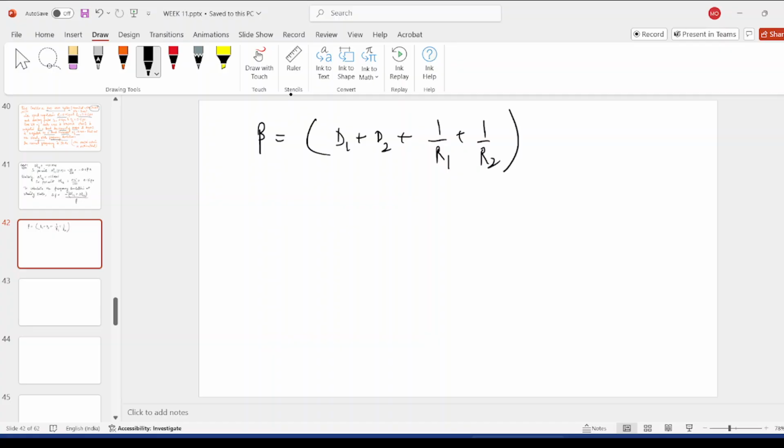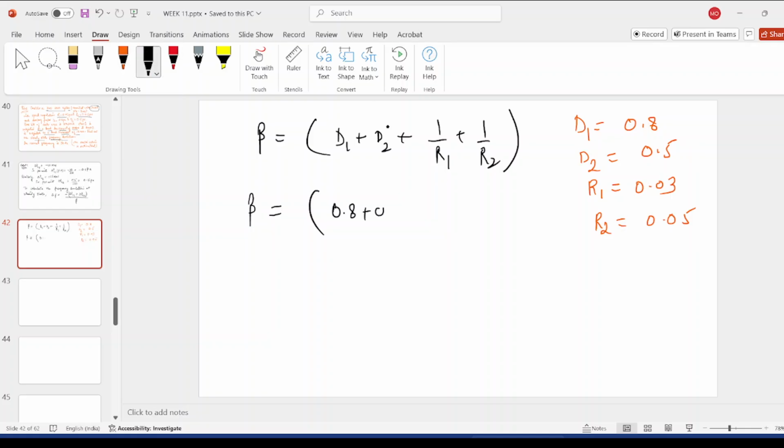Okay, so based on the information given, first we calculate beta. We know that D1 is 0.8, D2 is 0.5, R1 is 0.03 and R2 is 0.05.